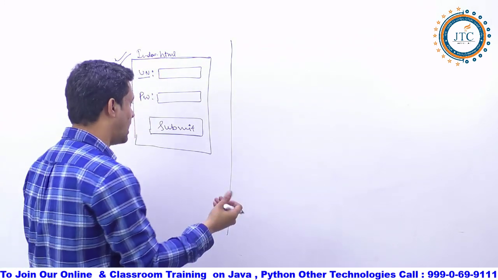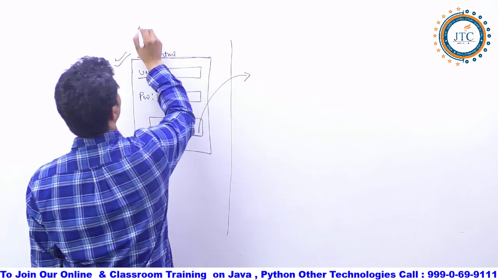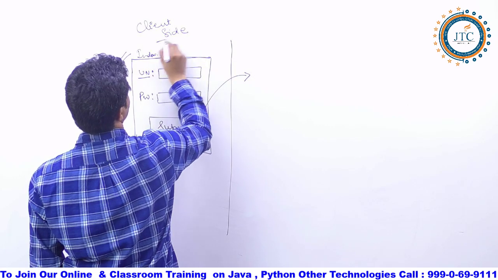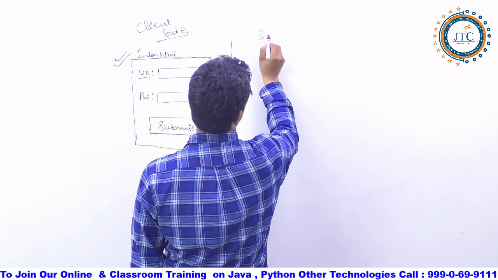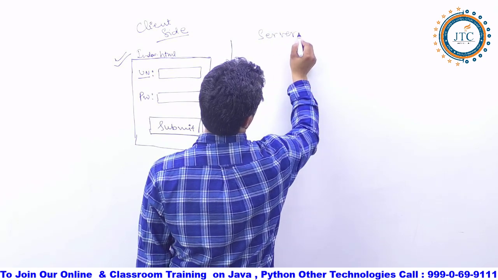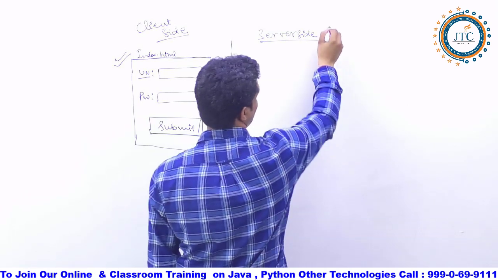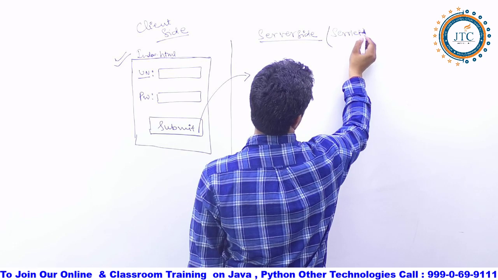Again, associated with that, when it is making some request, this is your client side. It is your client side. And at the same time, this is your server side component. So in the server side component, you are going to write what? Servlet.